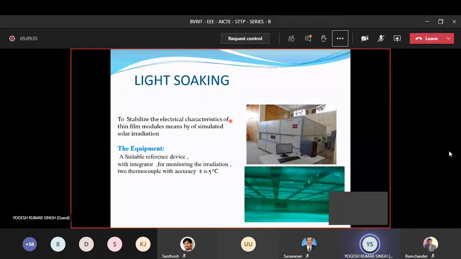Now the third point in the installation of a solar power plant is the feasibility study. There are two types of feasibility. One is the pre-feasibility study, where we just judge that the location is good, there is no shadow, nothing is there.